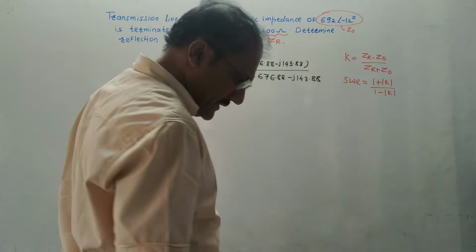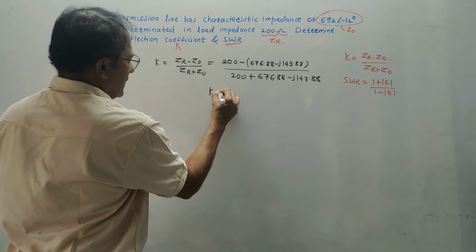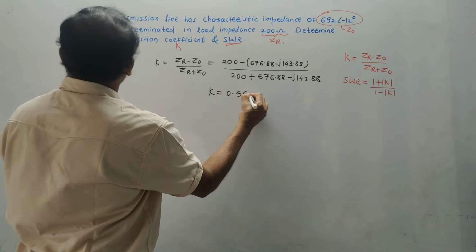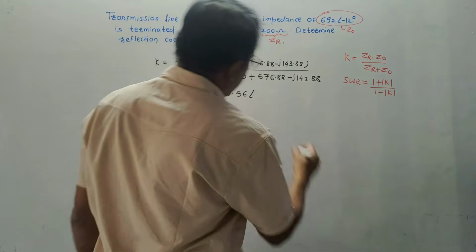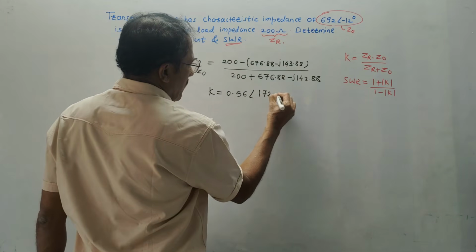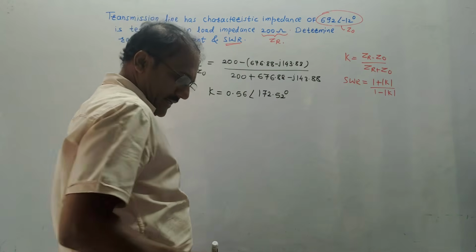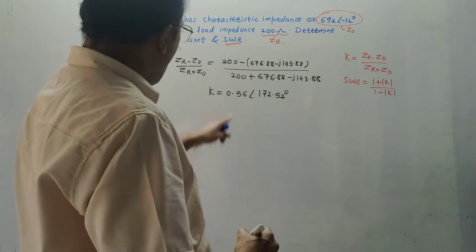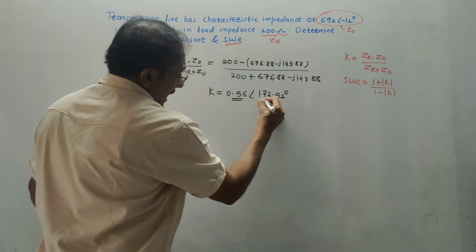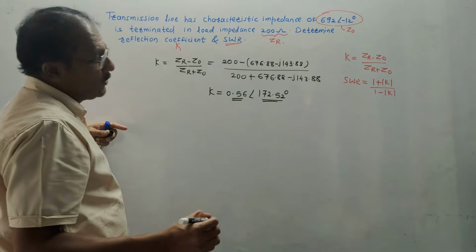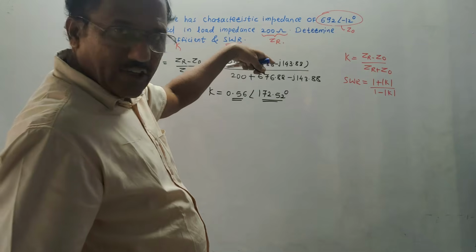You will get the answer of K, that is equal to 0.56 at an angle 172.52 degrees. This is the answer of K, the magnitude and the angle, after solving this on the calculator.